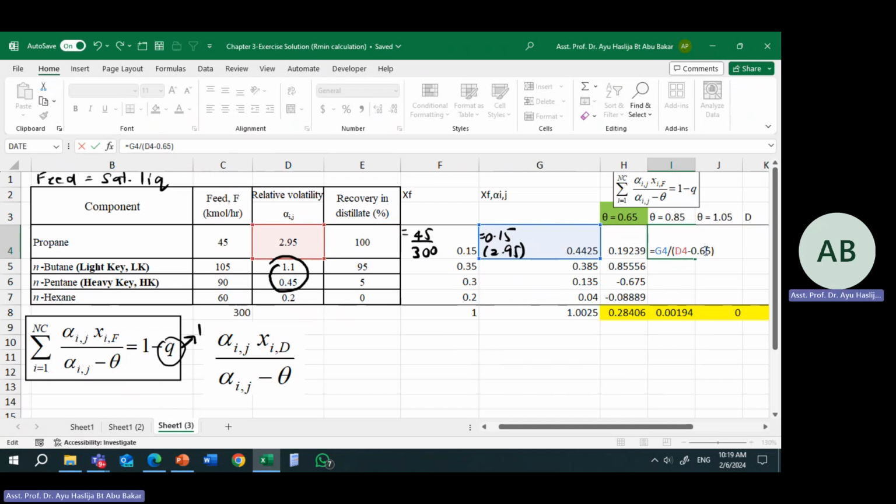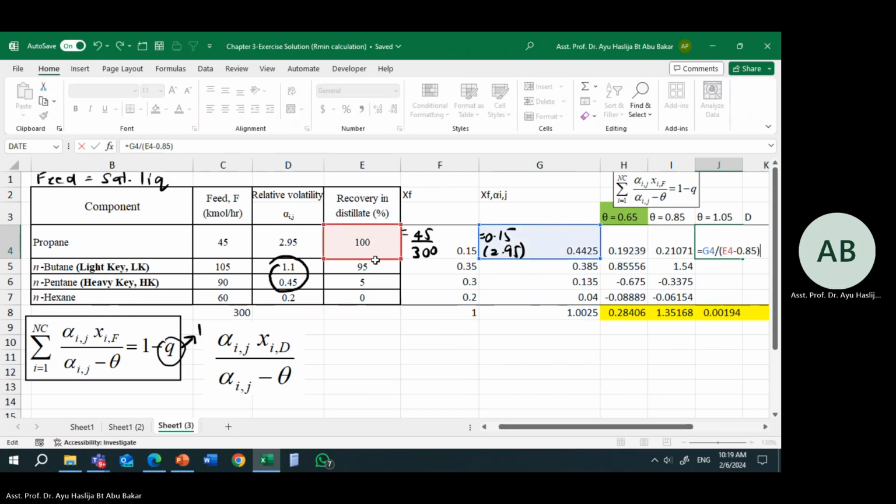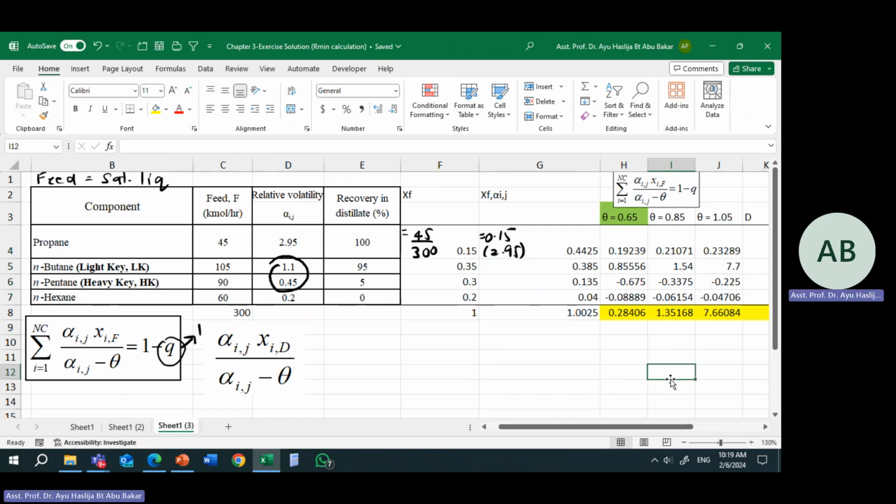For this theta value, I put 0.85. You see the difference.